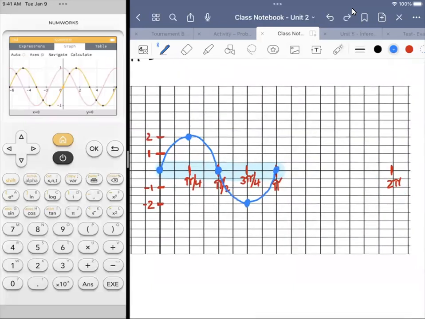It seems like every 2 units on my x-axis, I'm doing something special. So if I know I'm going up to the maximum, midline, minimum, and then back to the midline, do it again. Every 2 units horizontally, that's going to happen. So maximum, midline, minimum, and then back to the midline.